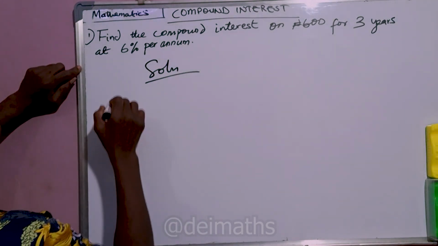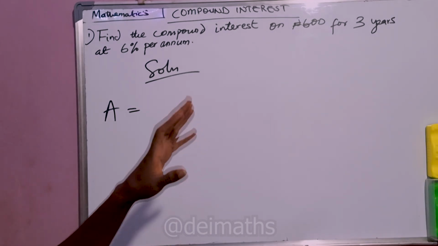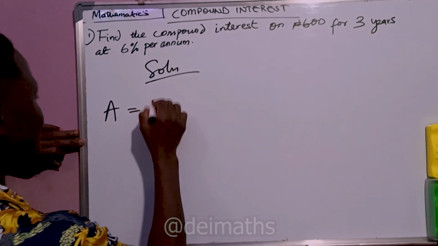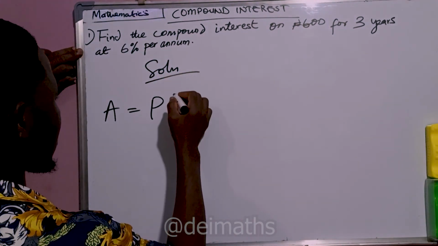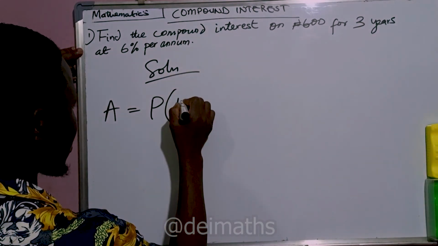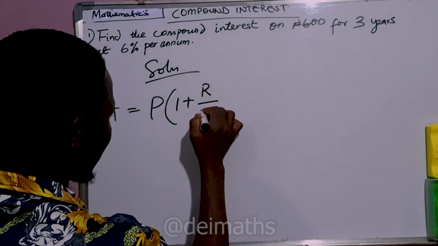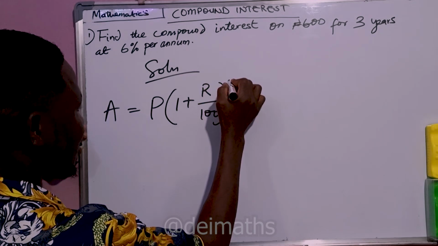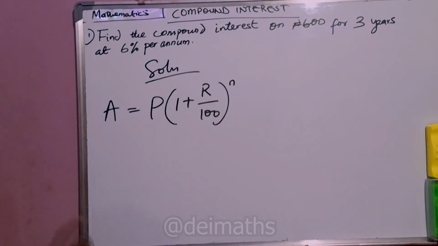Now, the amount after the 3 years is equal to the capital which you are investing, brackets 1 plus the rate all over 100, raised to the power of the years. I will call the years n, the number of years you want to invest.